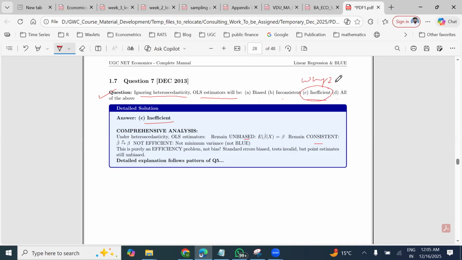What do you mean by more? The error term not, but the variance is high. I'll give you 0 for your explanation. You got 0. Sangeeta, for you.